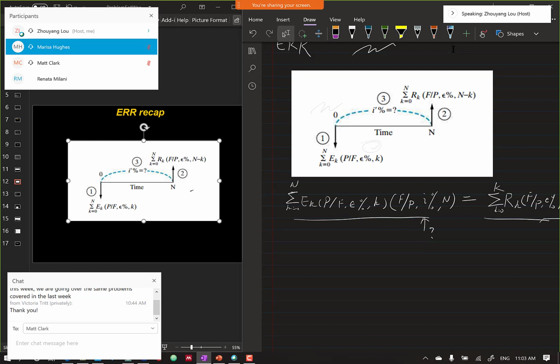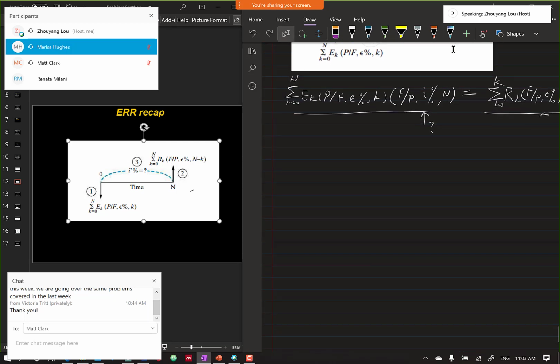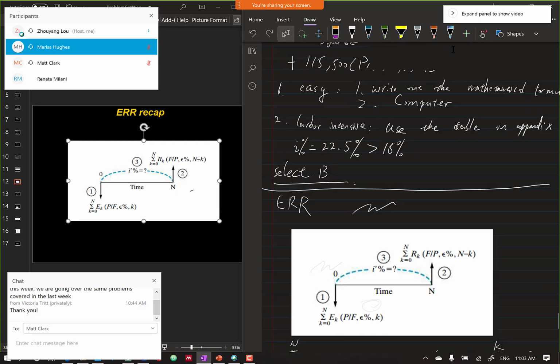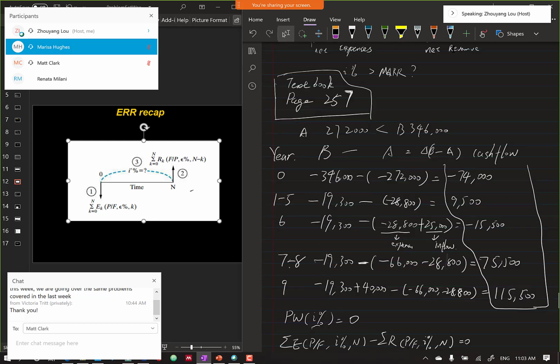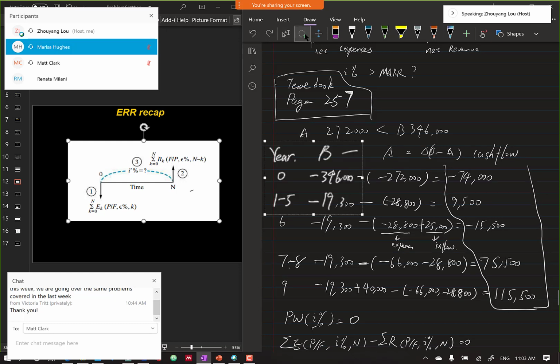So the most important thing is we always want to get the net cash flow for each year first here. And let me see if I can do this one. Since we will have the same cash flow chart, we don't need to do this again.